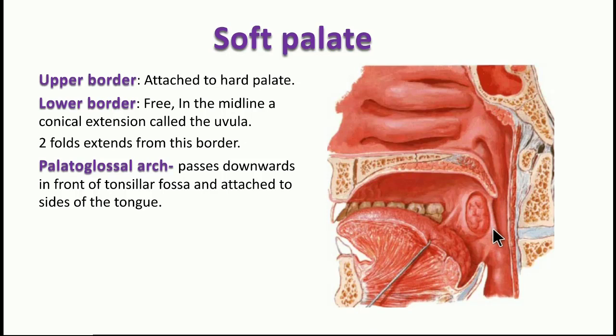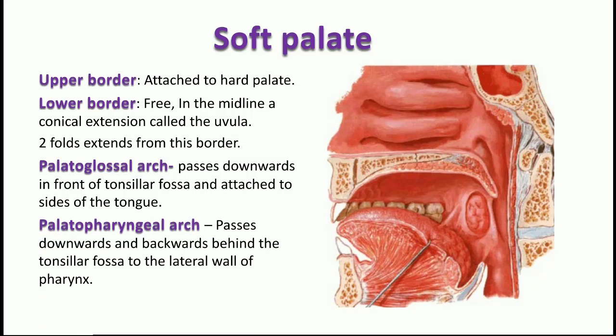So from the lower border, two folds extend: one is the palatoglossal arch, and the other is the palatopharyngeal arch. They are mucous folds, and deep to these folds you have the muscles of the same name, palatoglossus and palatopharyngeus.